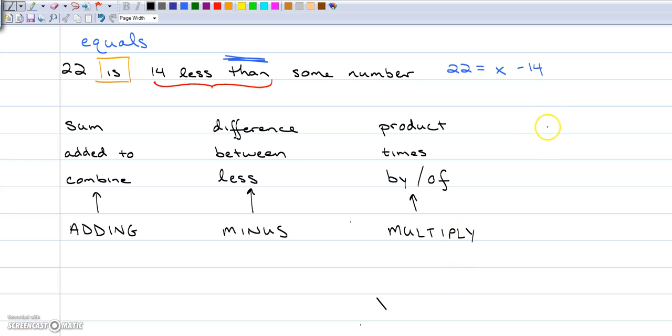And then finally we can talk about the quotient, shared, split, evenly. These things are all talking about division.